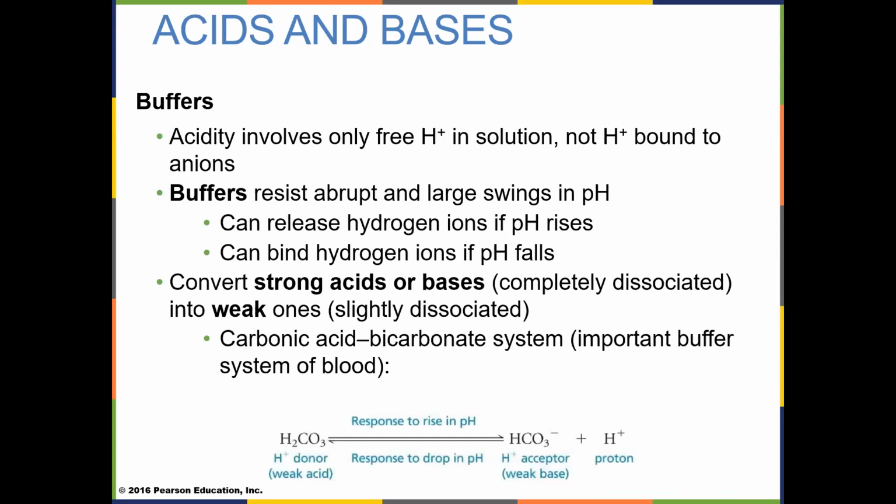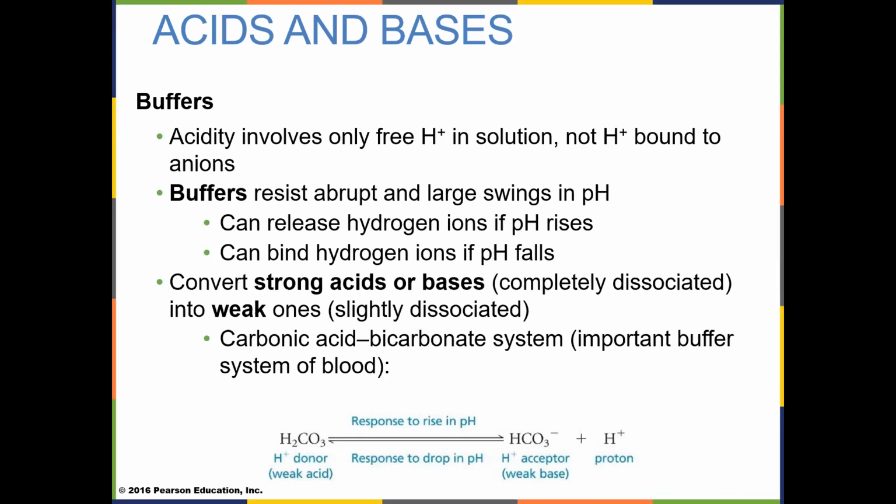We use neutralization reactions with something called buffers. We don't want to see a big swing in the pH of our body. We don't want to be shooting up above 7.45 or shooting below 7.35.